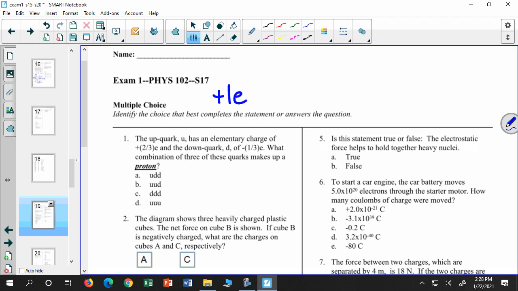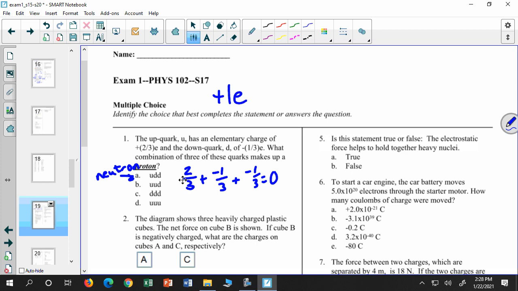When you encounter these types of questions, I just go through the options. Up is 2/3, plus down is minus 1/3, plus minus 1/3. That's equal to 0. So up, down, down is a neutron. That's not the answer because I'm looking for a proton. Let's try the next one.